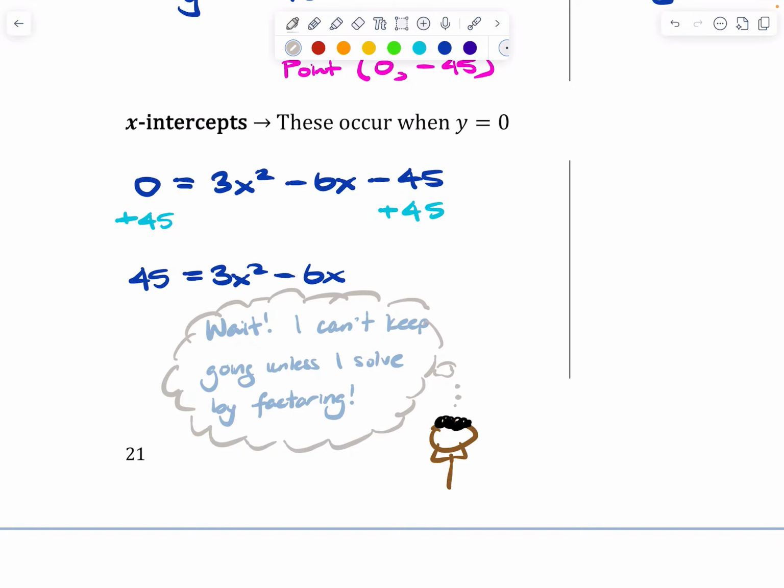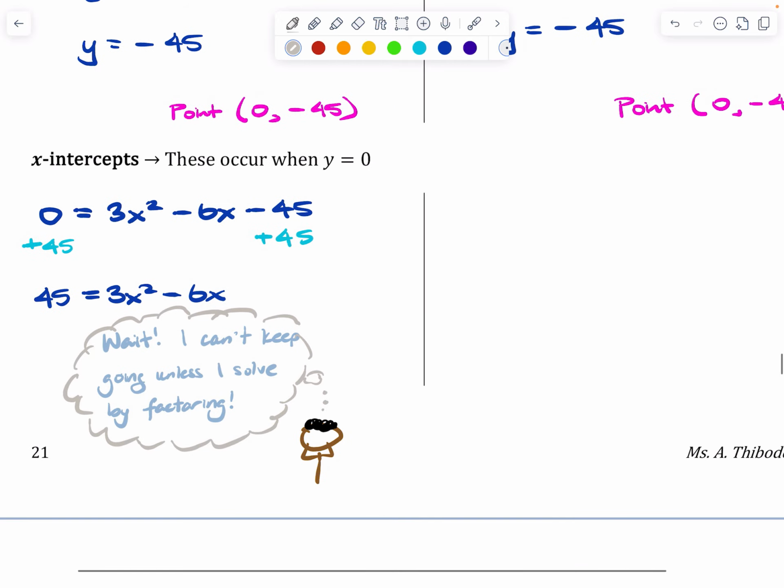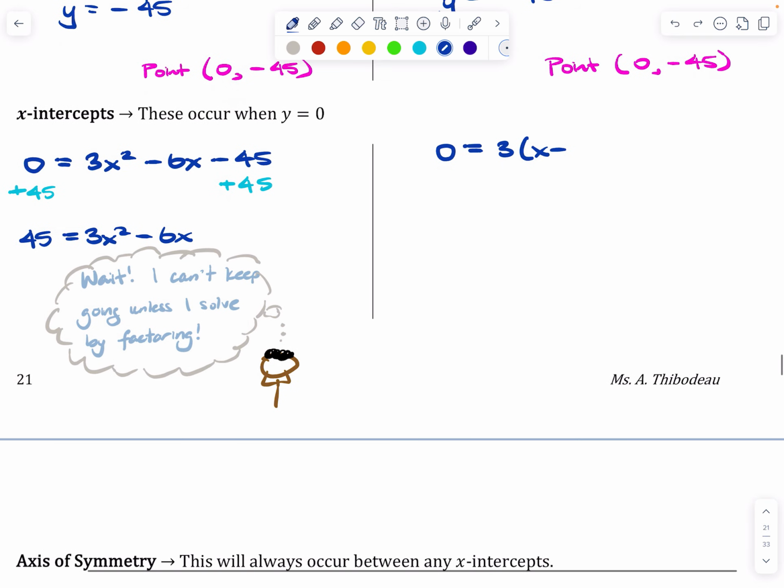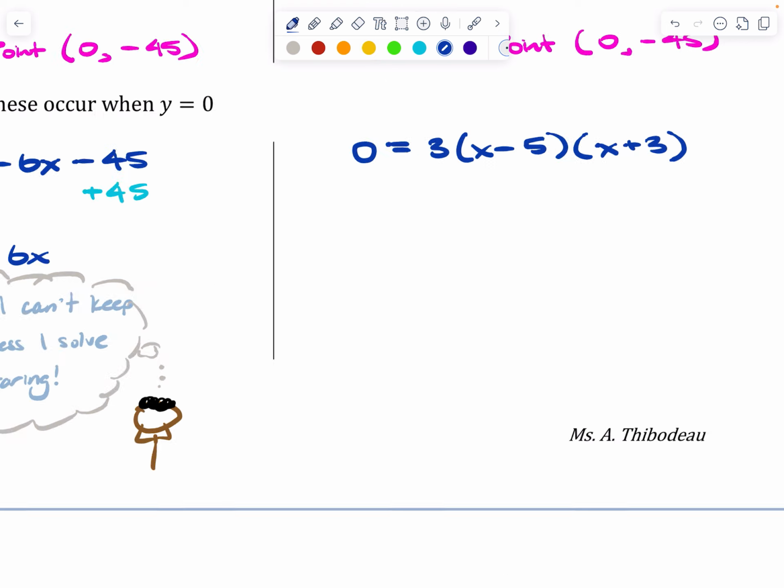In grade 10 intro pre-cal applied, you would have had to solve some equations by factoring. The fortunate thing this year is you don't have to do the factoring process, which is nice, but recognizing that we have 0 equals 3 times x minus 5, times x plus 3, we are using something called the zero product property.